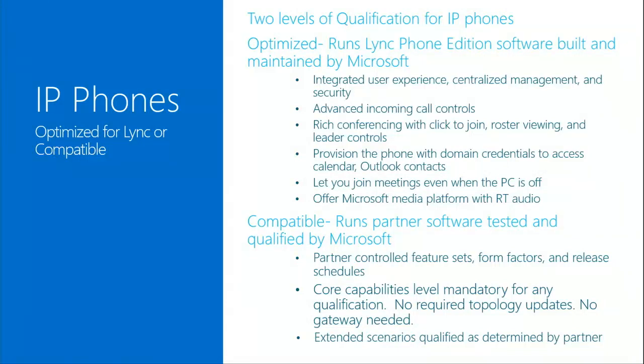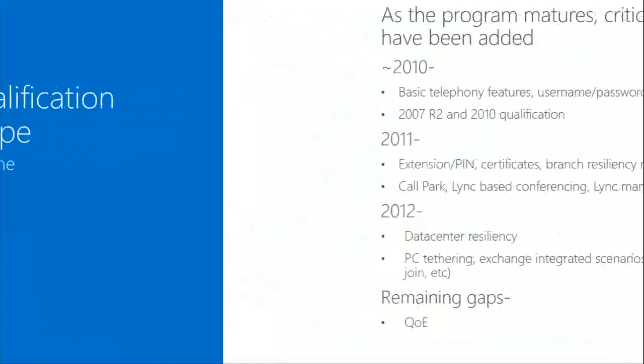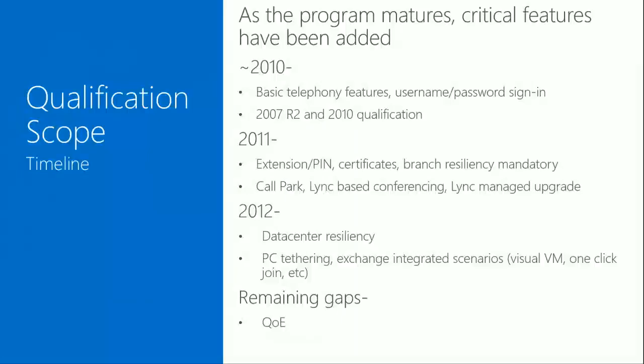But for these devices, some of the extended scenarios that we have inside of Lync Phone Edition and the optimized devices are optional, right? It depends on what the partner's trying to achieve. They may choose to not implement certain capabilities, like tethering with the PC for a certain type of phone. Let me go back for a moment.